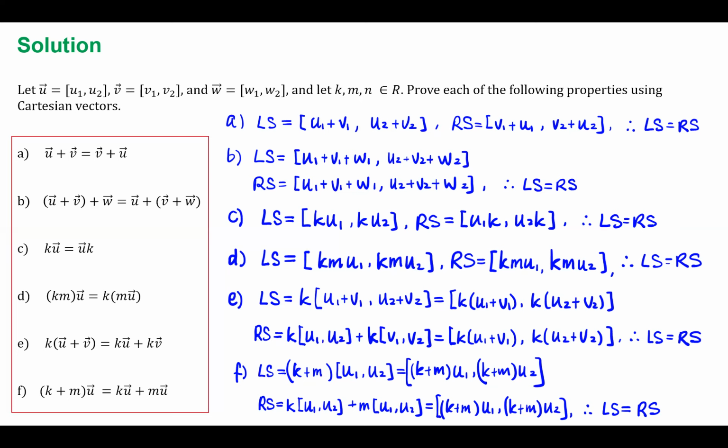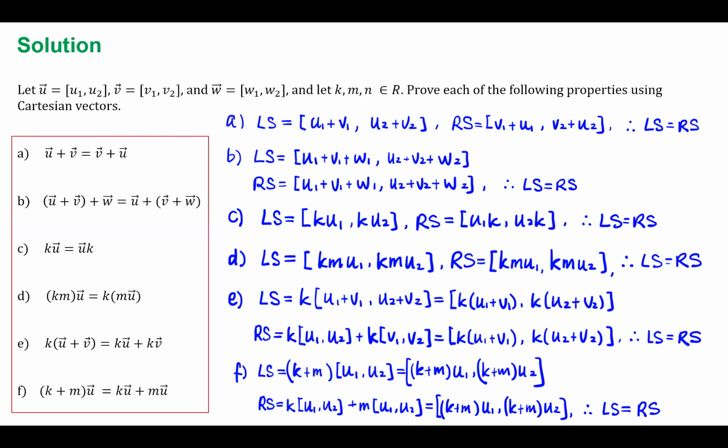Okay, property D, the left side is kmu1, kmu2, right? And the right side is also kmu1 and kmu2. Therefore, we have proved the left side equals the right side. Okay, property E, the left side equals k times (u1 plus v1, u2 plus v2), which gives us k times (u1 plus v1) and k times (u2 plus v2).